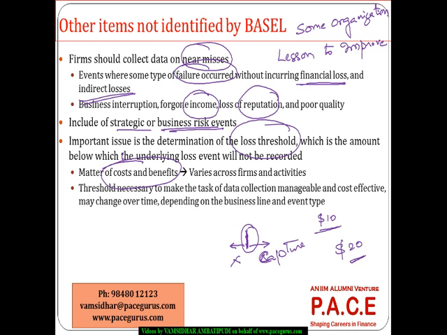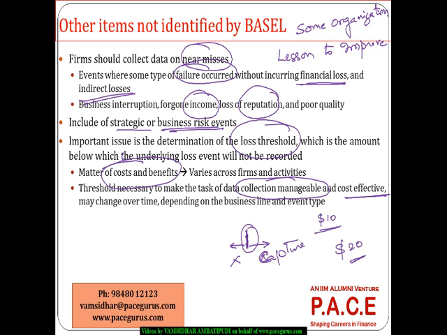At the same time, understand that whatever threshold we are setting should take into account the data collection process. It should make it manageable and cost effective. The threshold I define should not make my data collection process more and more costly, so that the cost looks higher than the benefit I derive from it.